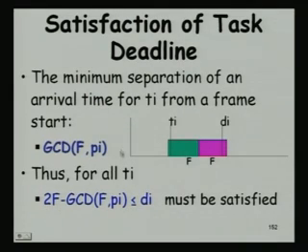Why is that? Look at this, this is 2f. Now, let us say this is G, the task has arrived here. This is the minimal separation between the task and the frame, and so 2f minus GCD should be less than Di.